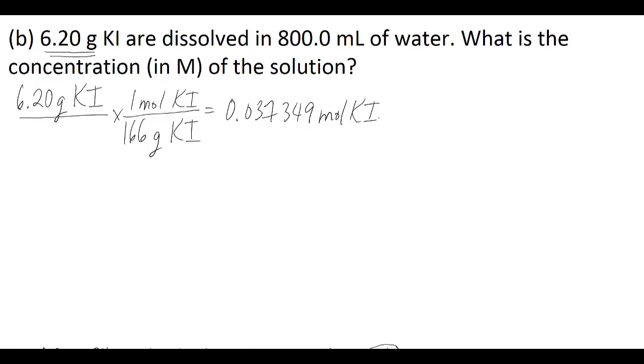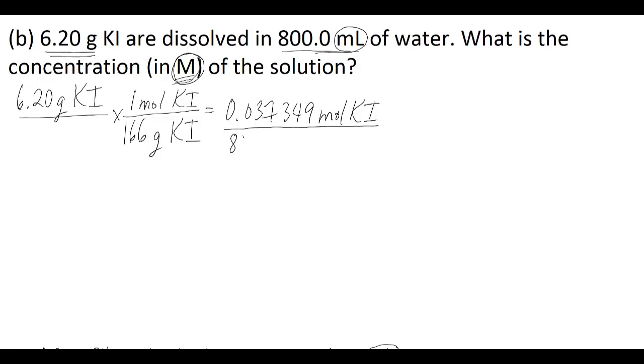So you know that the definition of molarity is moles per liter, so we're looking for things in molarity. This big M is the abbreviation for molarity, capital M. So you want moles of potassium iodide, which is your solute, per liters of solution. So the volume that you're given is in milliliters, so you need to convert that to liters.